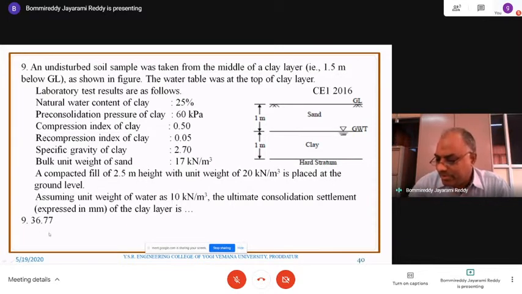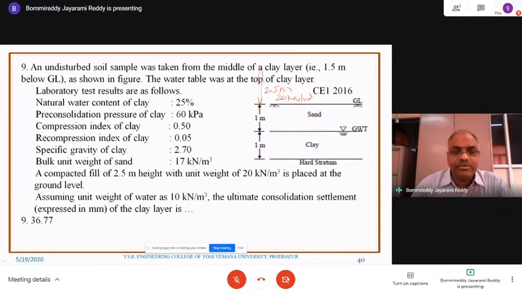So what is going to happen here is, for accelerating the consolidation, 20 kilonewton per meter cubed unit weight of sand or fill is provided for a height of 2.5 meters.